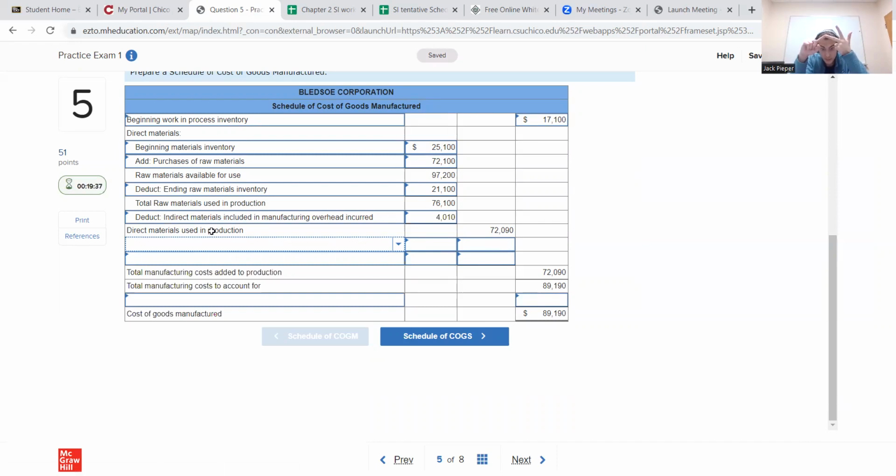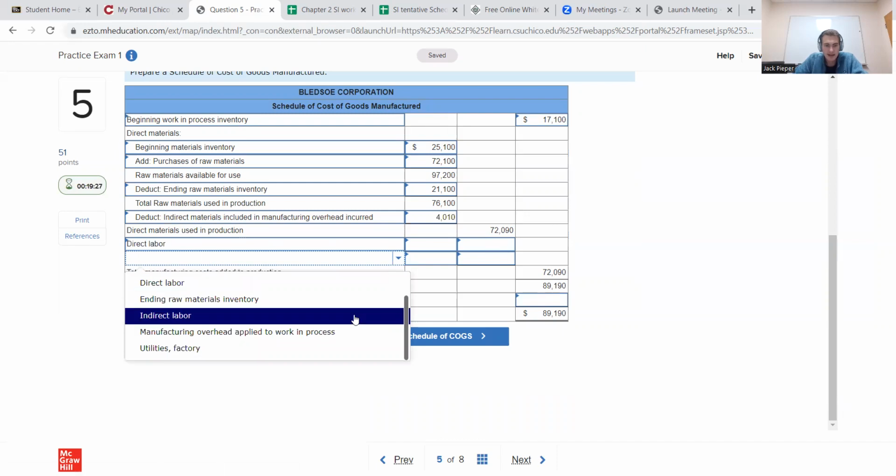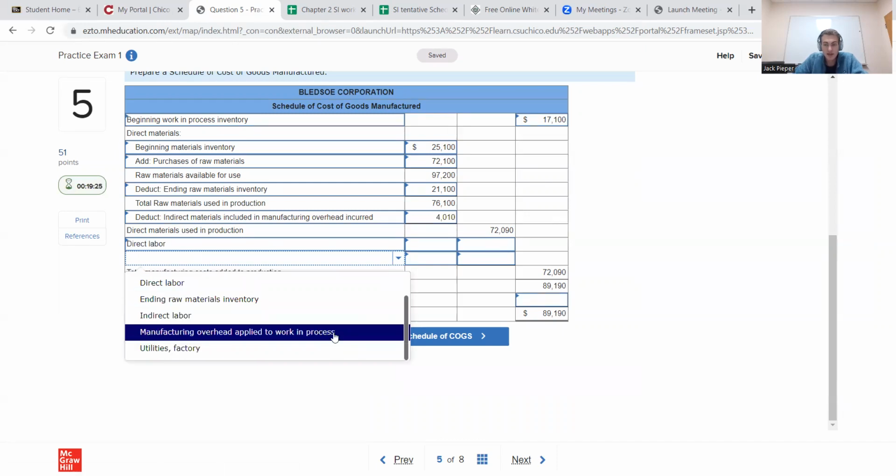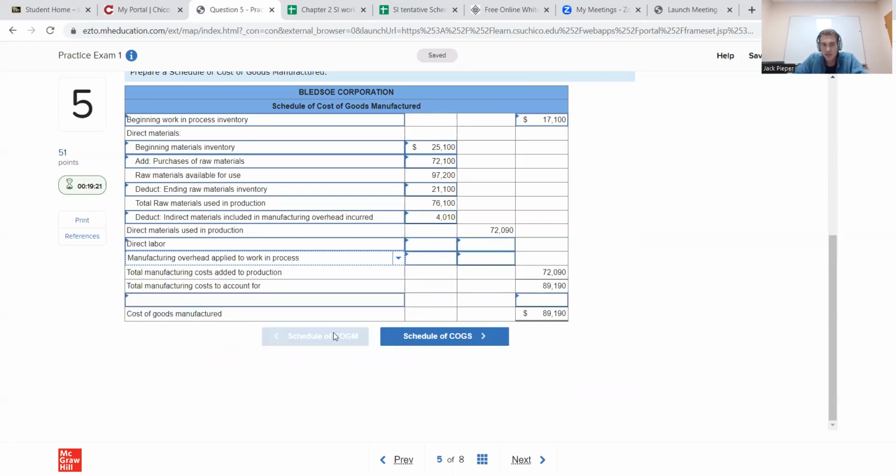In this scenario, it's manufacturing overhead applied. Manufacturing overhead applied. I made this mistake, don't make the mistake. Manufacturing overhead applied. And sometimes it won't say manufacturing overhead applied. It'll just say manufacturing overhead. Still manufacturing overhead applied for the work and the cost of goods manufactured.